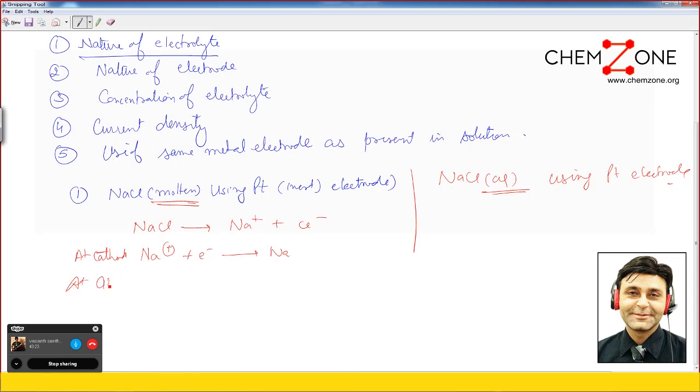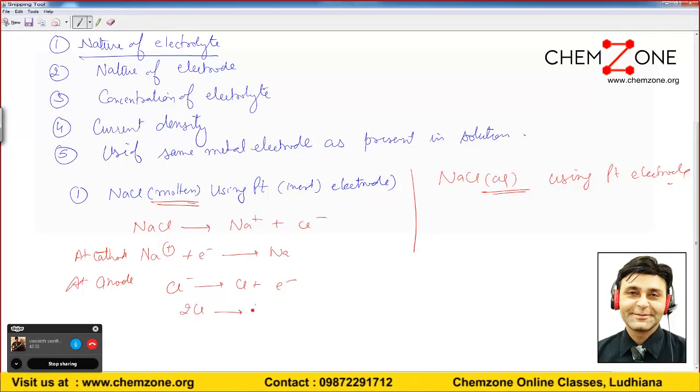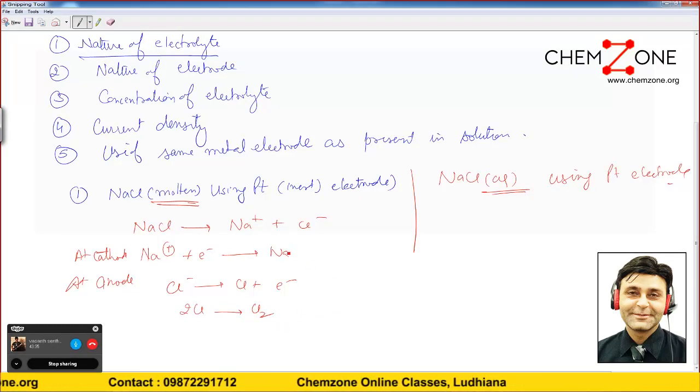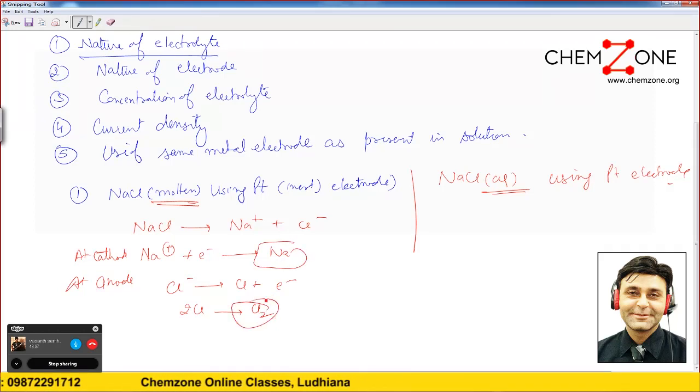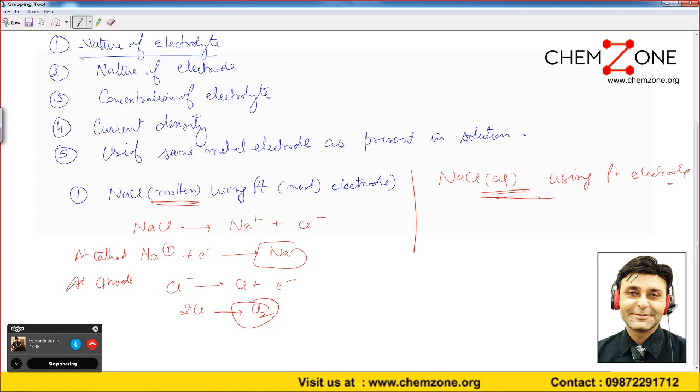But at anode, these chlorides will give electrons, right? And two such chlorine atoms will combine to form Cl2. It means you are getting sodium and chlorine here, right? At anode chlorine and at cathode sodium. And now I'll tell you what will happen if you are using aqueous.